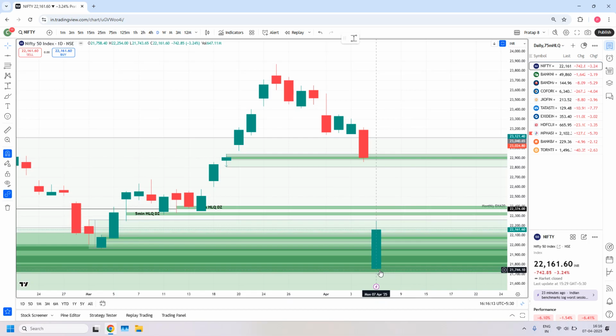Yeah. If you combine both, today we would have gained some points. But otherwise, today is a very bearish day. It could have been a very bad day for many of the traders.